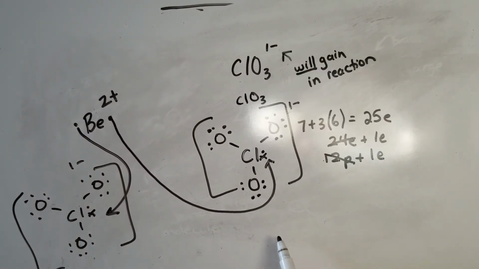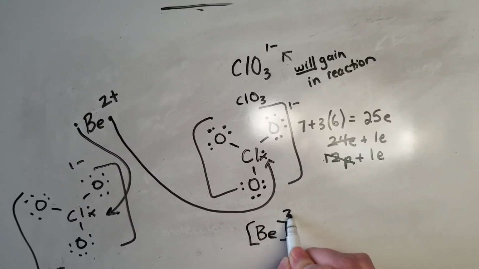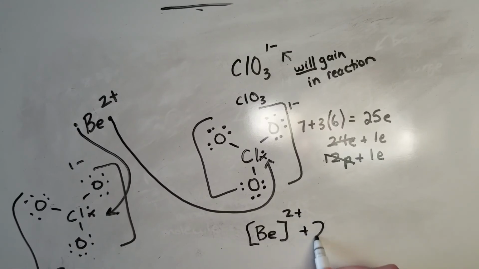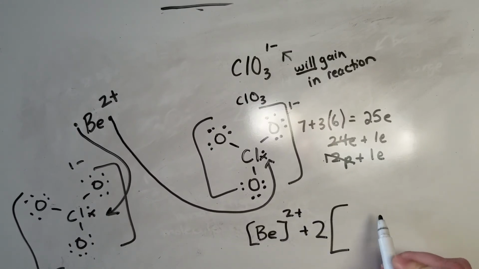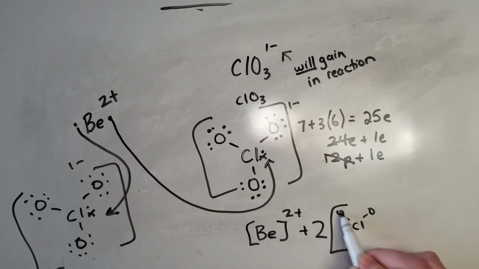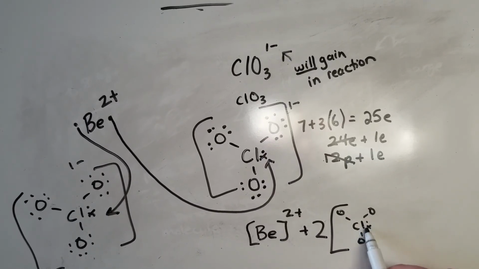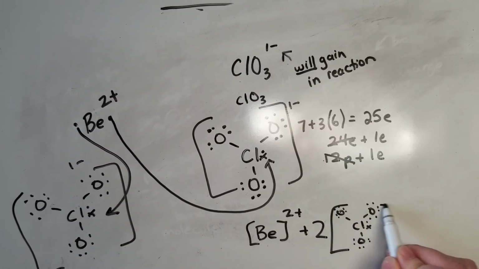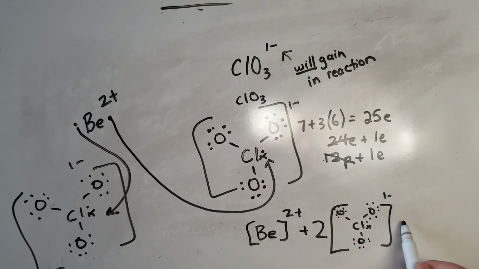And you would write that out formally as follows. You have 1 beryllium, and it has a charge of 2+ plus 2 chlorates. I'm going to make this extra big so that I don't run out of space. And just sort of do a small scale version of what you had done in your rough draft and give that a 1- charge.